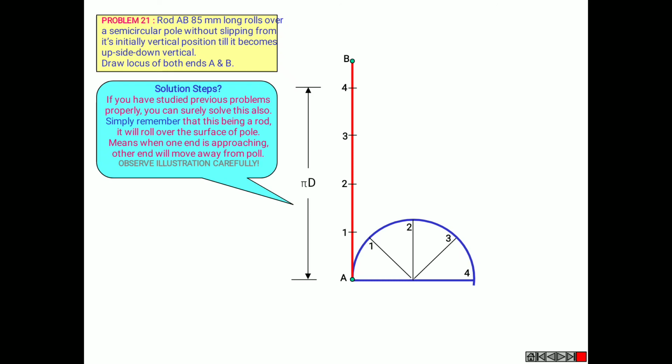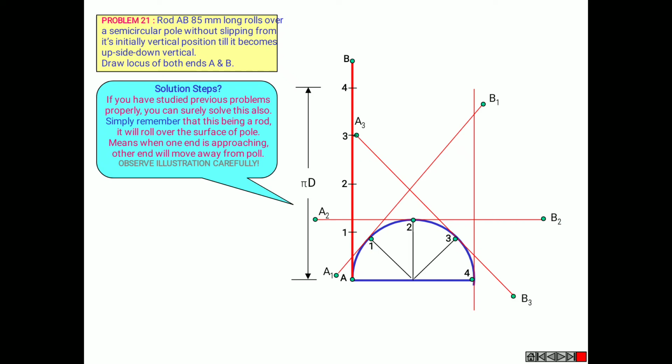See the illustrations carefully. Now mark the tangents from 1, 2, 3, and 4, which are nothing but A1 B1, A2 B2, A3 B3, and A4 B4.